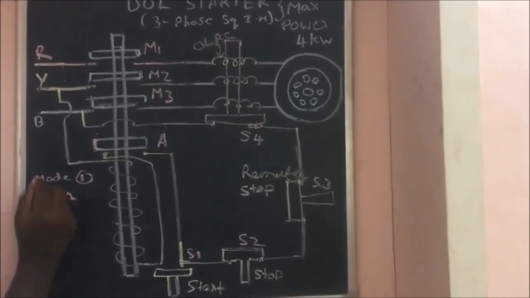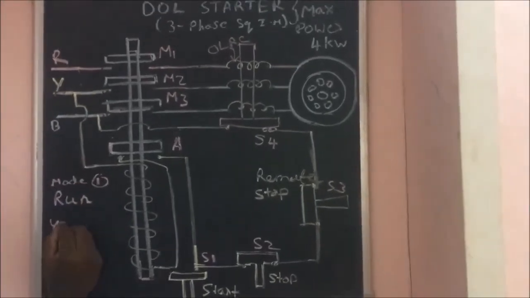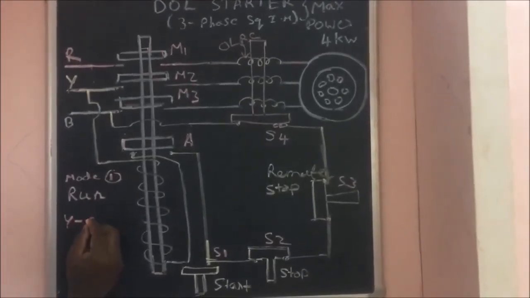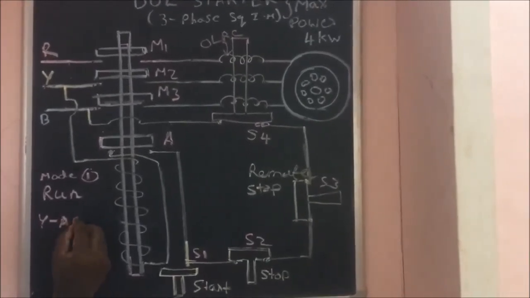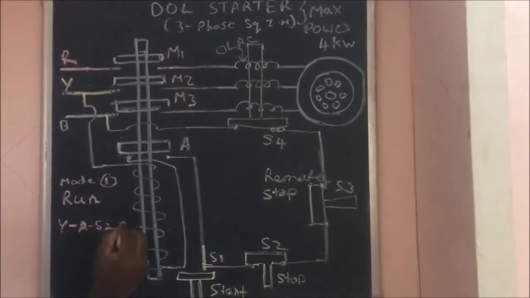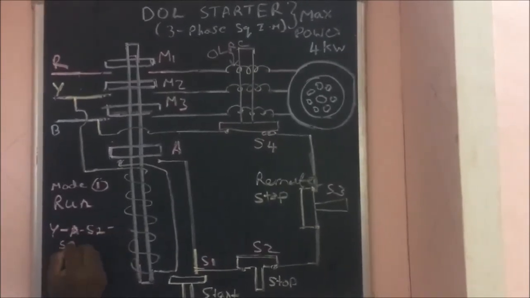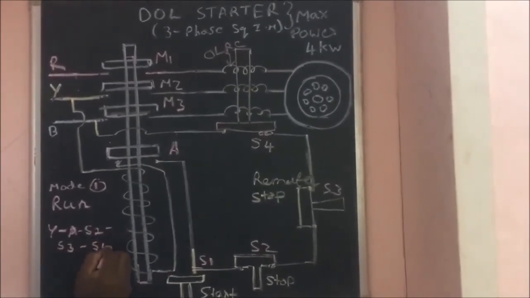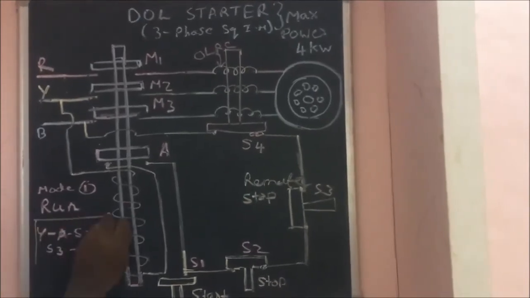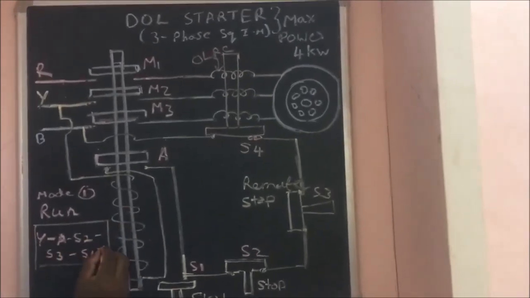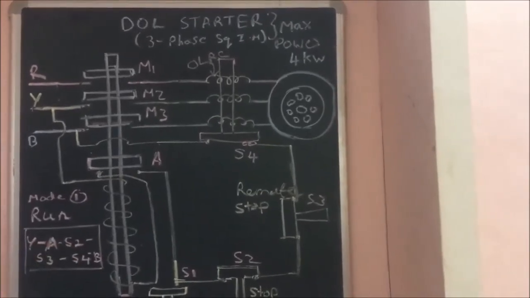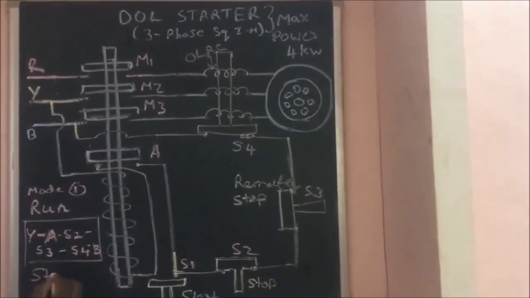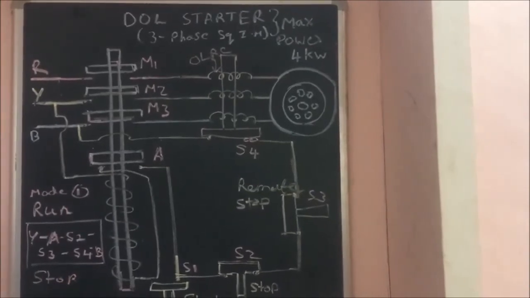First of all, in the direct online starter, how does the starting take place? S1 is the starting button or push button. When you push the button, it is like a green color. When you push the button, it goes and touches the contact. Now the current flow will be like this: B phase, S1, S2, S3, S4, and it finishes in the B phase.